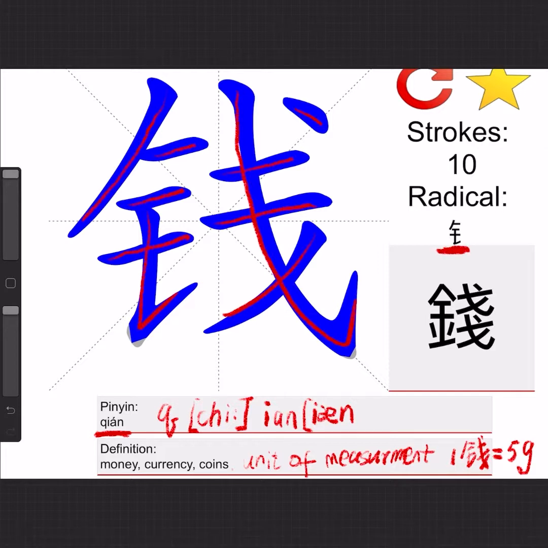This is the radical part of Qian, and it actually transformed from a real character that indicates or somehow relates to the meaning of the character Qian. So in Chinese characters, the left side part may relate to the meaning of the character.